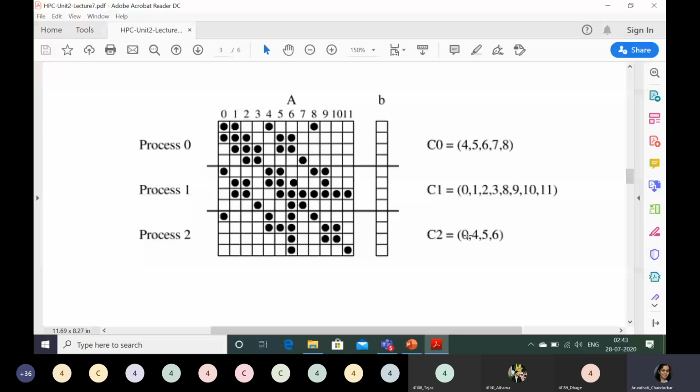And out of B4, B5, B6, B7, only the 4, 5, 6 position elements from the B vector it is needing, and there is no question of storing this because it owns these elements. So like this is one of the styles or techniques, students. So that's it.